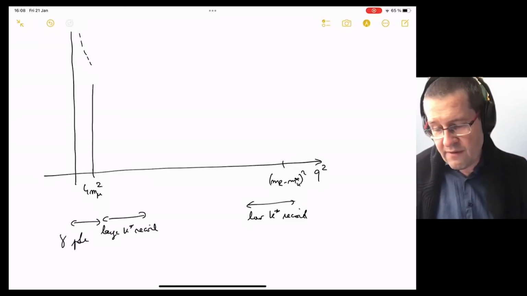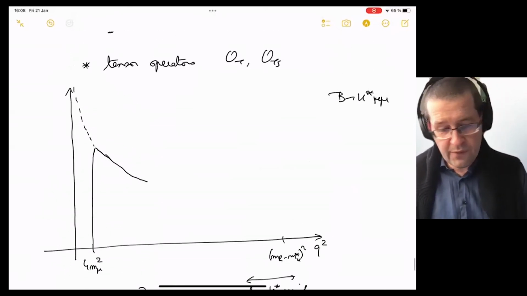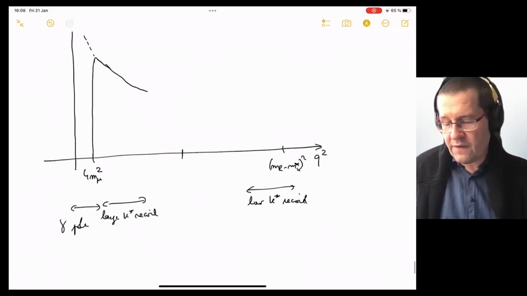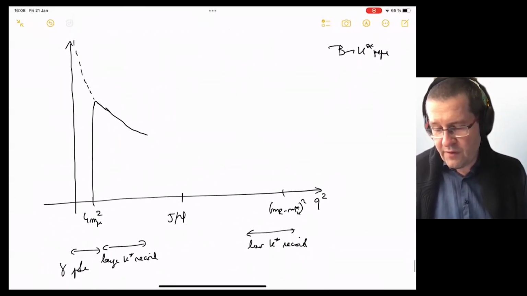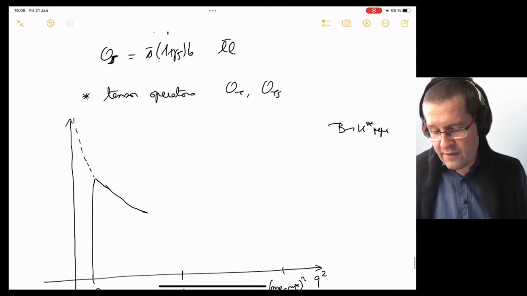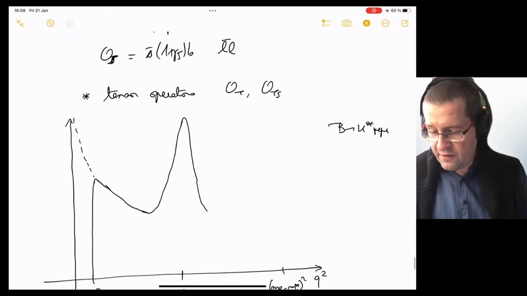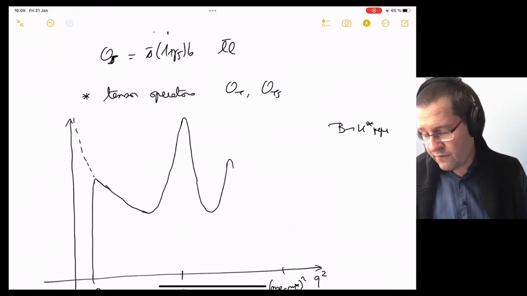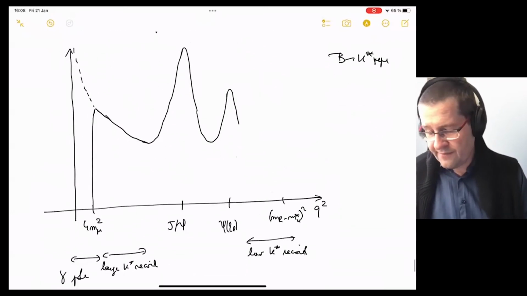But then, you have to start something like this, and then at some point when you reach the mass of the J/psi, which is the first c c-bar resonance, then you will have something that will be like a Breit-Wigner peak. Then you do have a second resonance for the psi 2S, so an excited state.